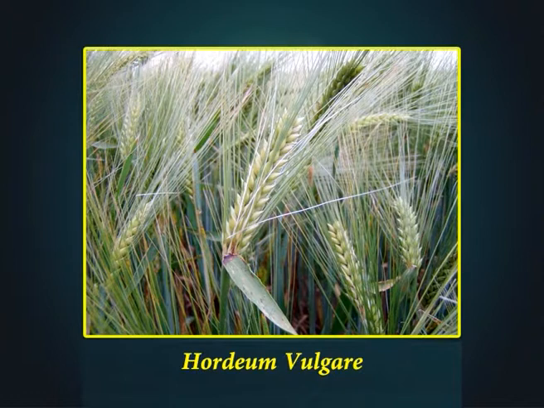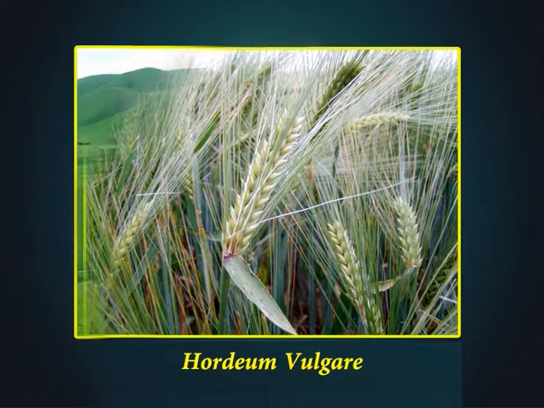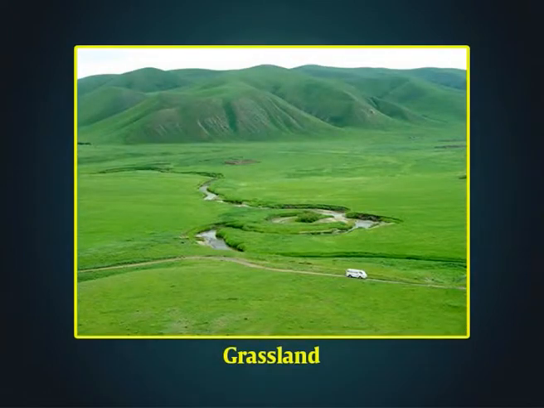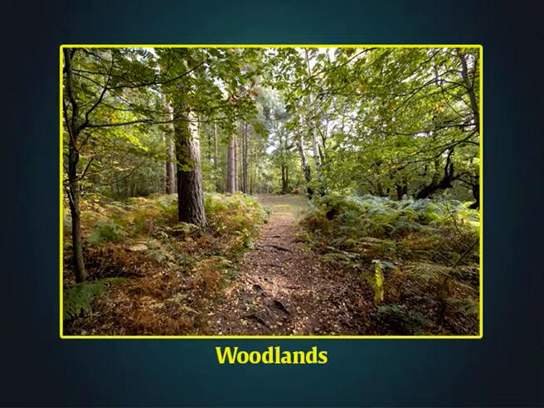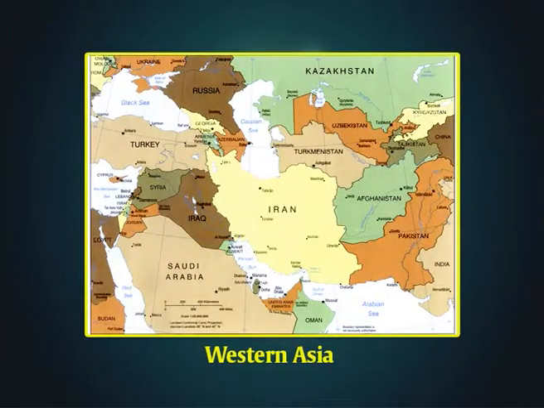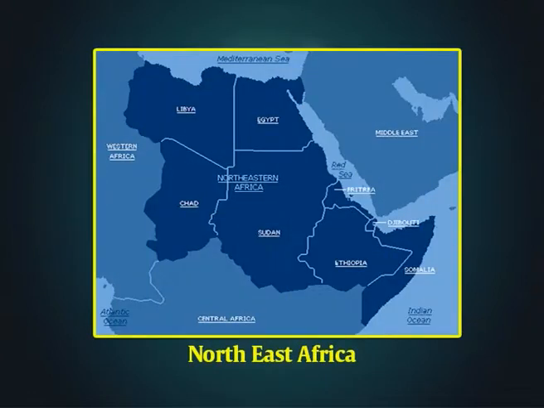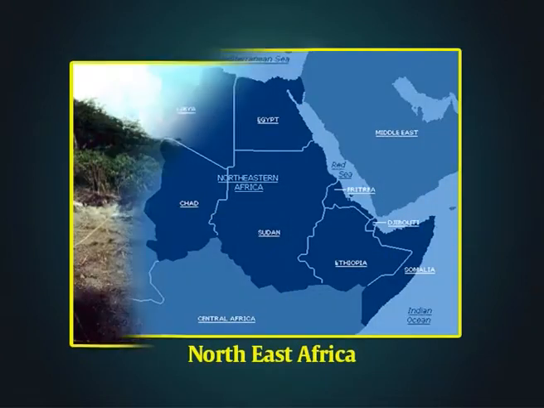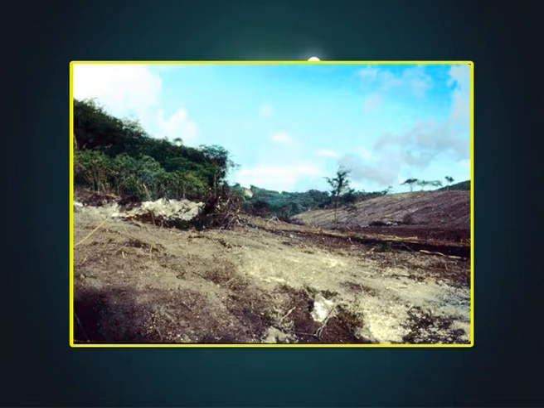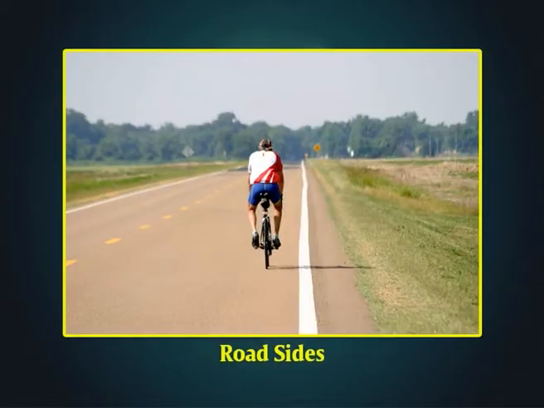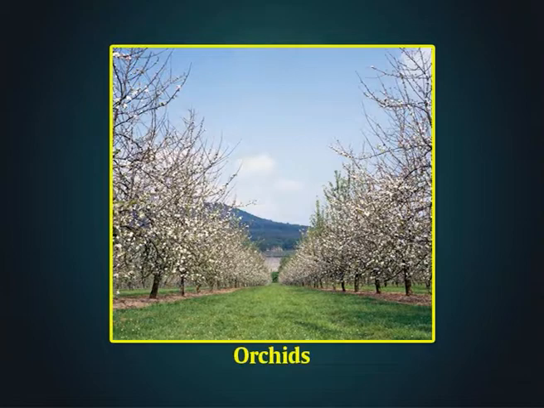The wild ancestor of domesticated barley, that is Hordeum vulgare subspecies spontaneum, is abundant in grasslands and woodlands throughout the fertile crescent area of Western Asia and Northeast Africa, and is abundant in disturbed habitats, roadsides and orchards.